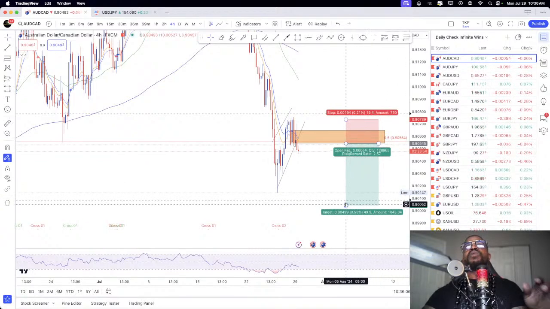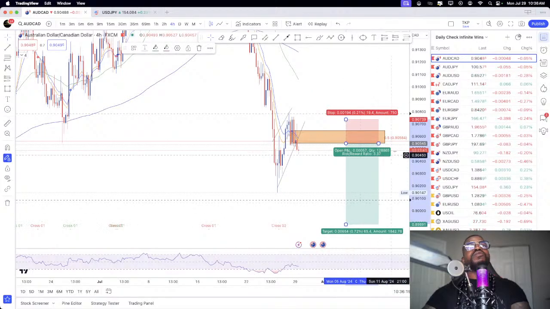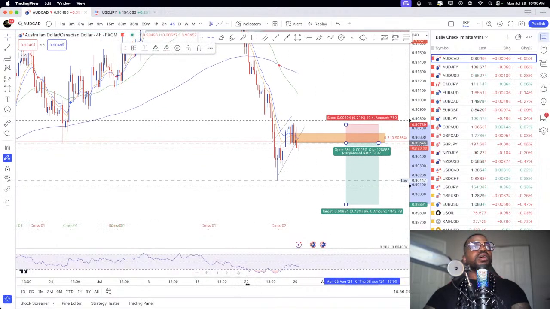Now, if you're winning and you lose most of your winnings because you didn't leverage properly on your next trade, then you have a self-sabotaging trading plan. So I really recommend stop losses.